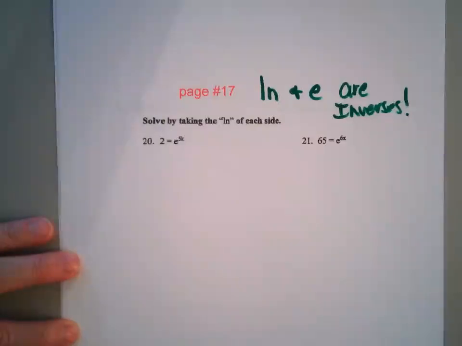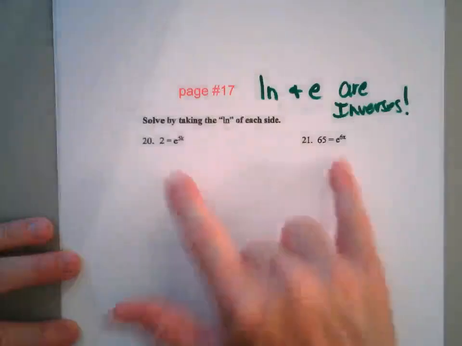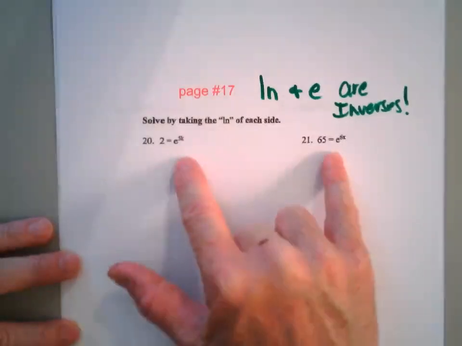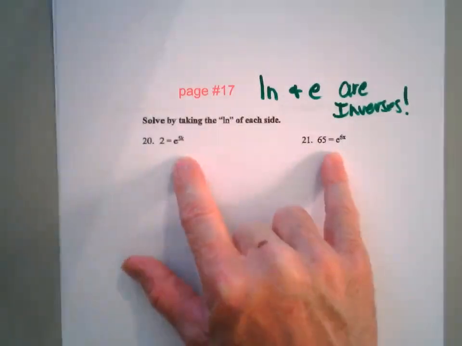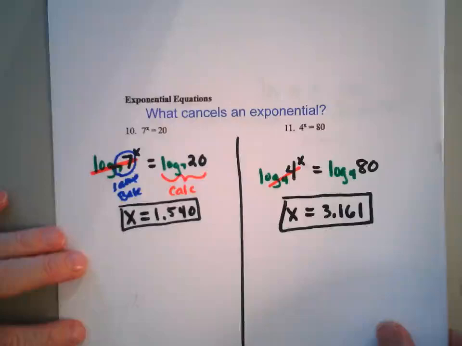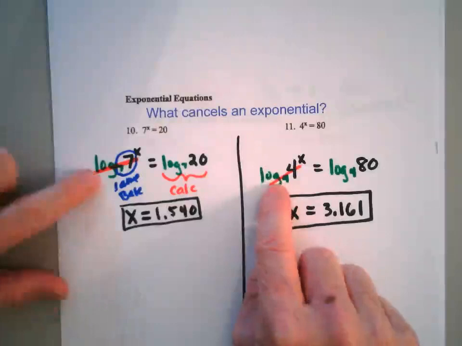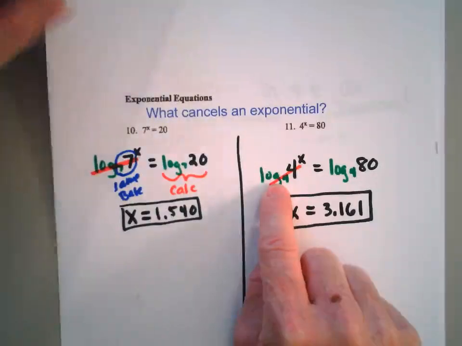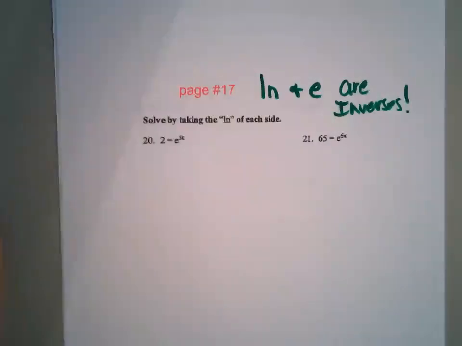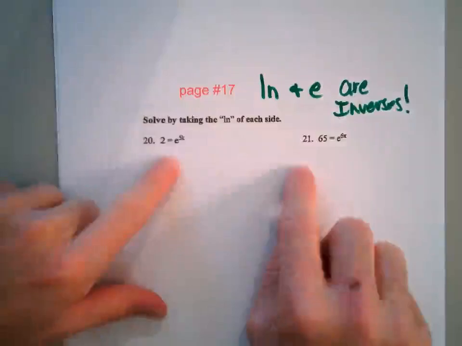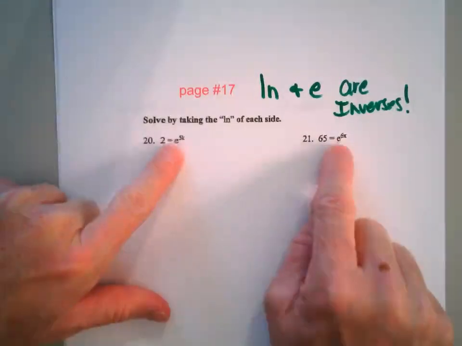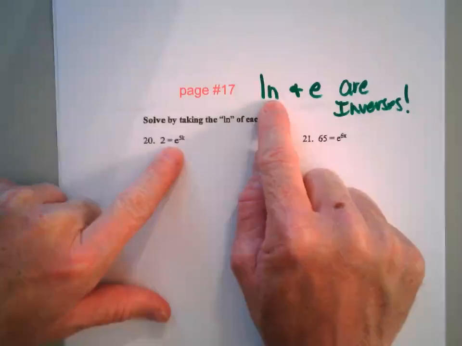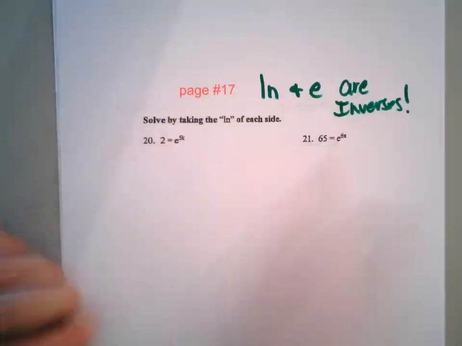Okay, hopefully you remember that that means that they cancel. So we're going to do something very, very similar to these two problems, like we did to these two problems. We'll use the log, which cancels the base that we have. And in this case, since we have an e, it's natural log that's going to cancel the e.